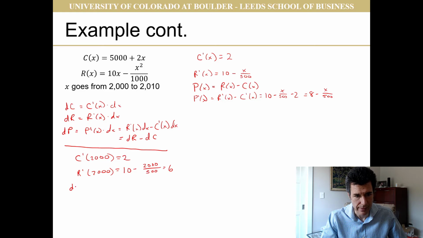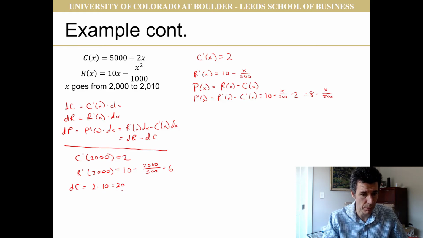So dC, the approximate change in cost when we increase production from 2000 to 2010, is 2 times dx, which is 10, which is 20. So we expect that as we increase production from 2000 to 2010, costs will go up by approximately 20, and actually they do go up by 20.